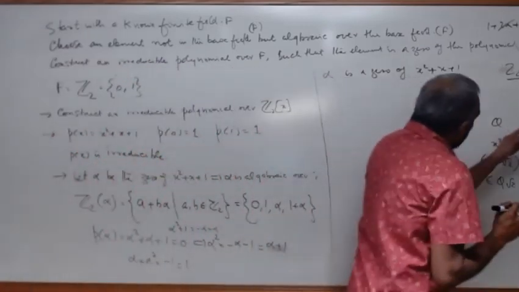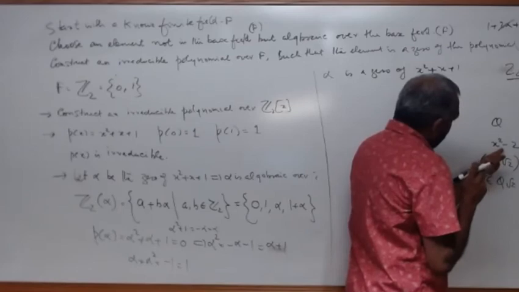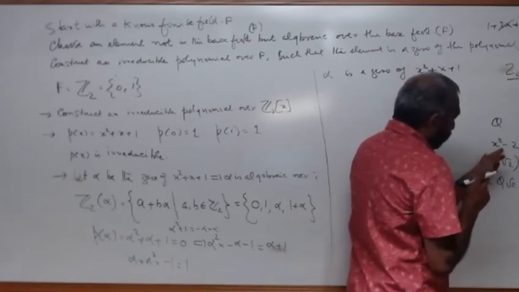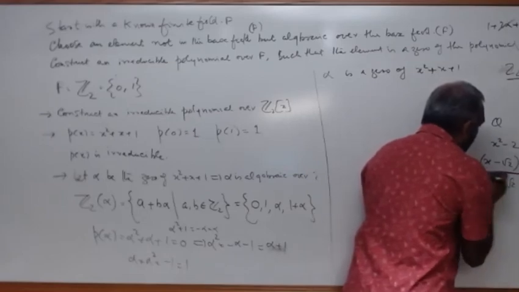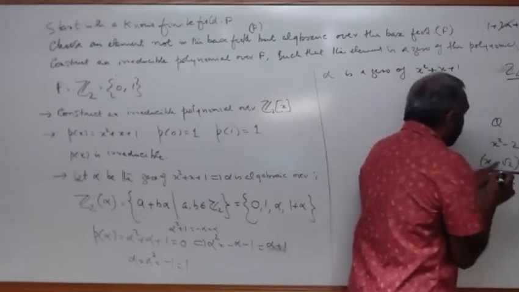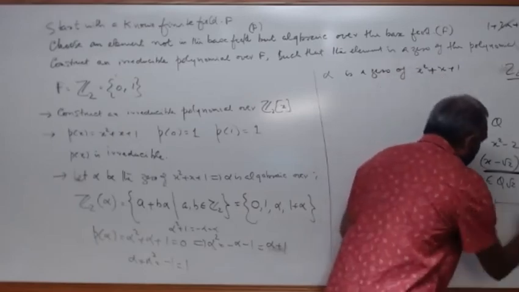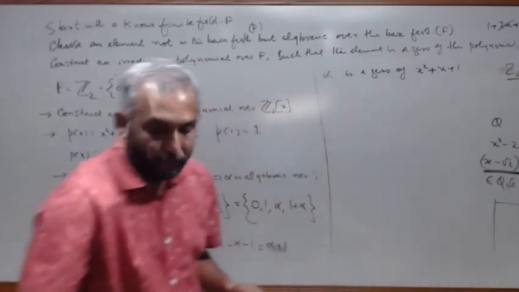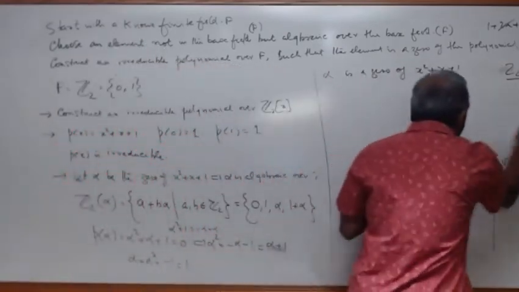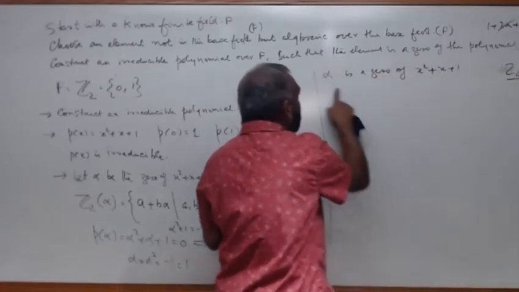Because root 2 is a 0 of x square minus 2, definitely we know that x minus root 2 is a factor of this. And what we did is, we can do a division. So our objective is to factorize this using alpha.